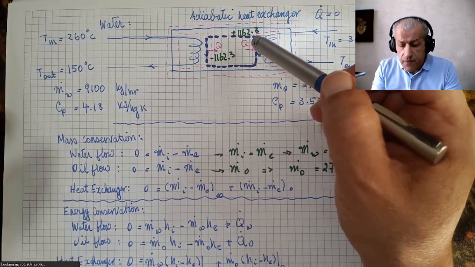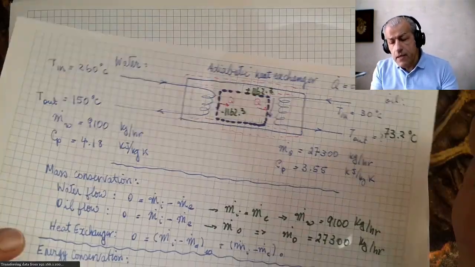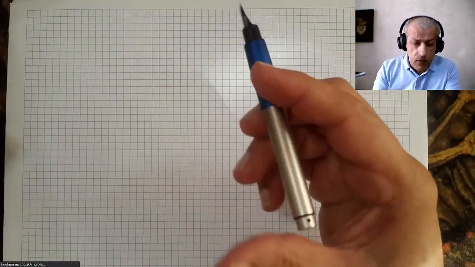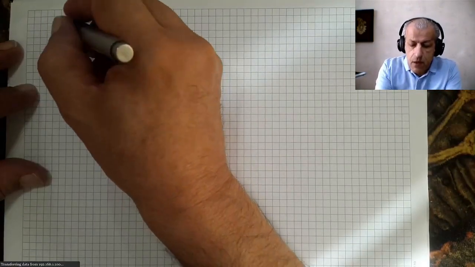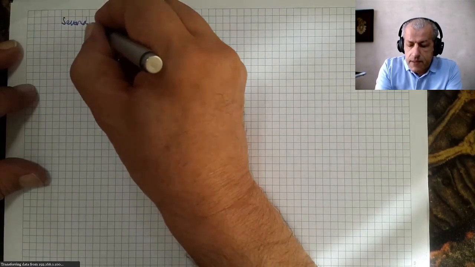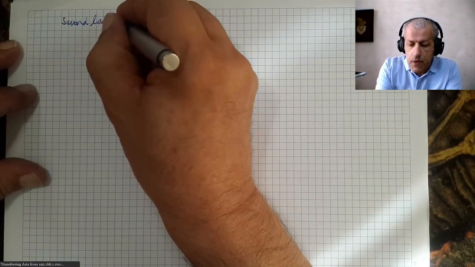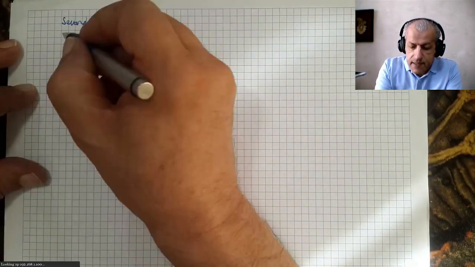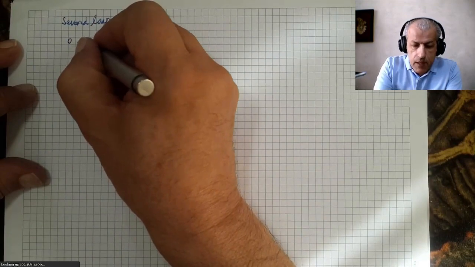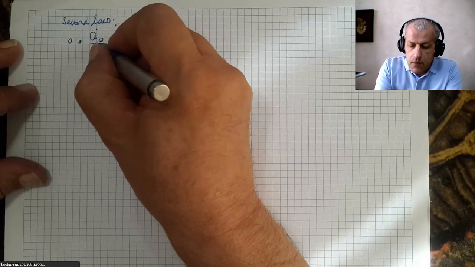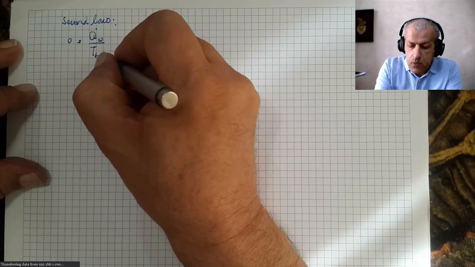So if we write the second law for this system, it would be 0 equals Q dot water divided by TB water.